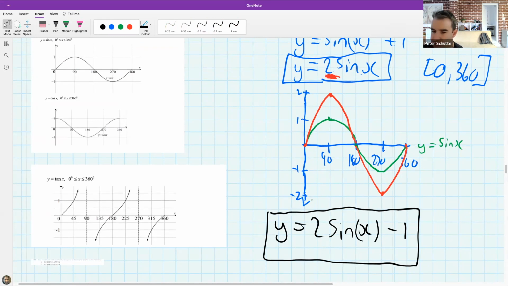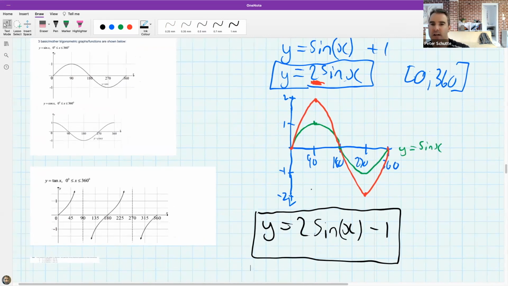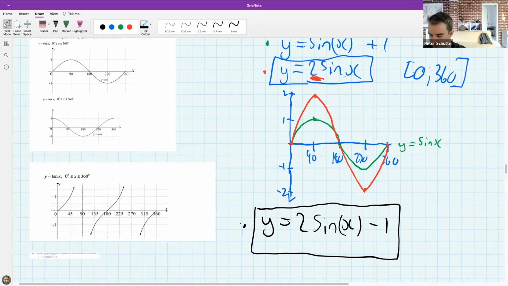So on the board already, we have a graph of sine x, which is the green one. We have the red one, which is this. And now I want you to try and draw y equals 2 sine x minus 1. You've got this, guys. We got it.